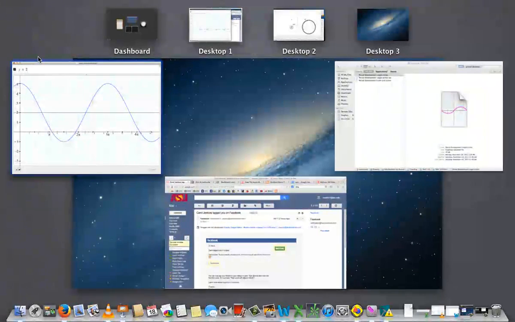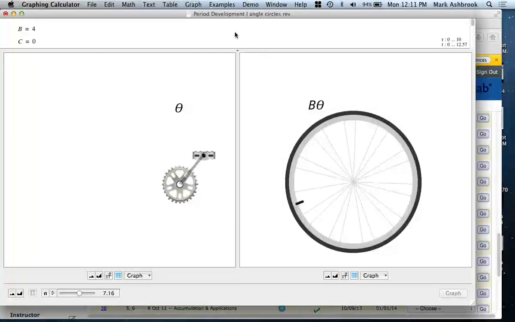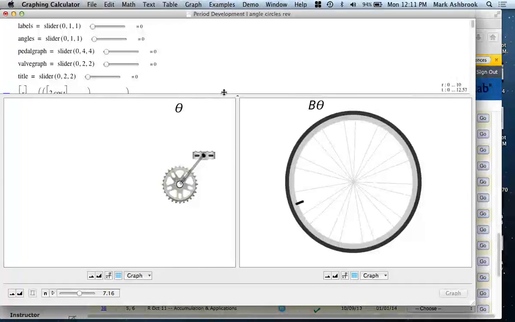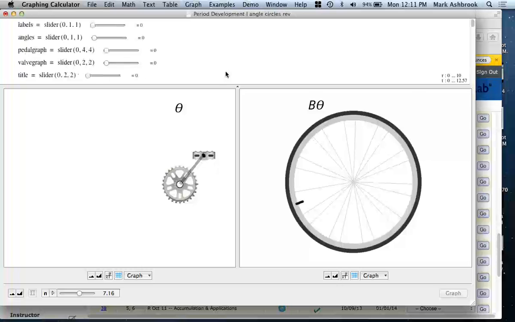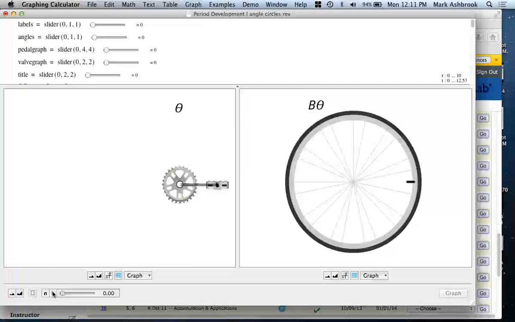Okay, we've still got a couple more pieces of the puzzle here. So here is a bike pedal. Just so we've got our terminology down, we're going to be focusing on the pedal on the bike. So this is a page in your book.